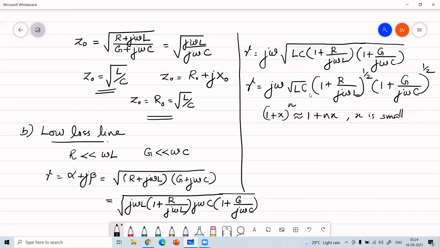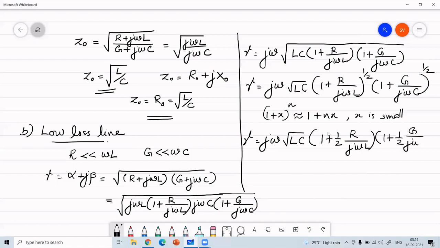So this can be approximated using this relation. So gamma is equal to j omega into root LC into (1 plus half into R divided by j omega L) into (1 plus half into G divided by j omega C).